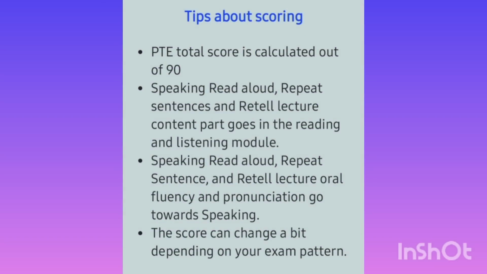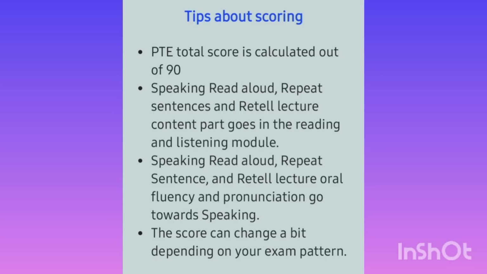So let's get started with the tips about scoring. The PTE total score is calculated out of 90 marks. Speaking, read aloud, repeat sentences, and retell lecture content part goes to the reading and listening modules. Oral fluency and pronunciation for read aloud, repeat sentence, and retell lecture go towards speaking.